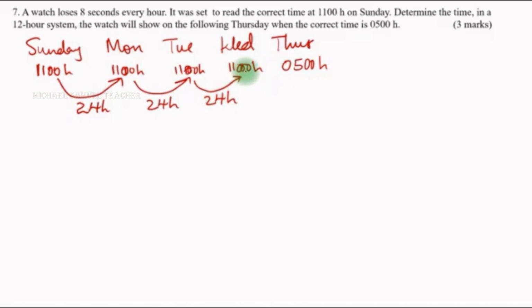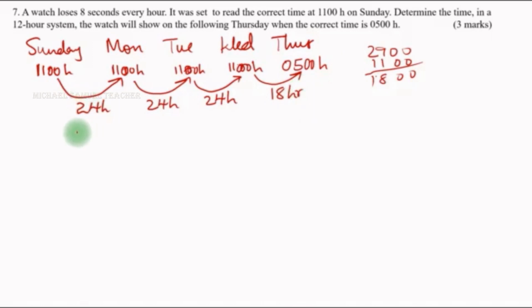Then from 11:00 hours to 05:00 hours, how many hours is the span? Convert 05:00 to 29:00, subtract 11, so this will be 18 hours, a span of 18 hours.